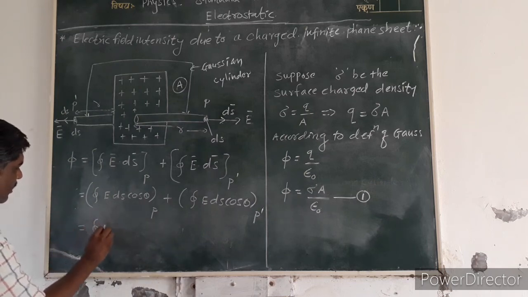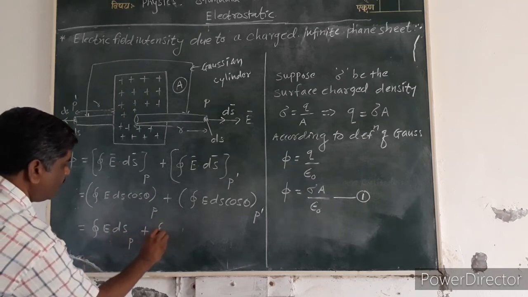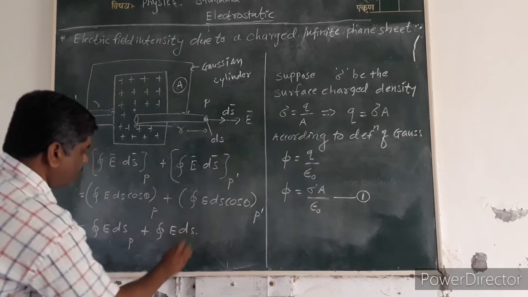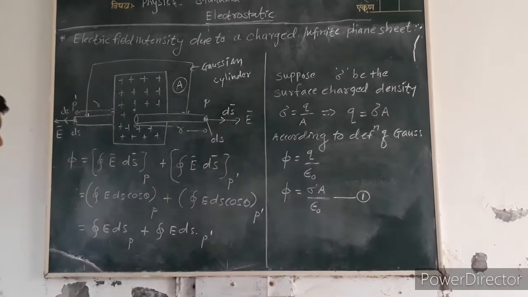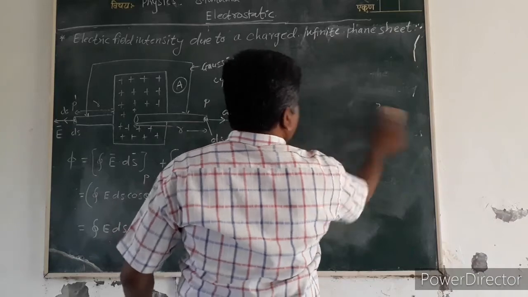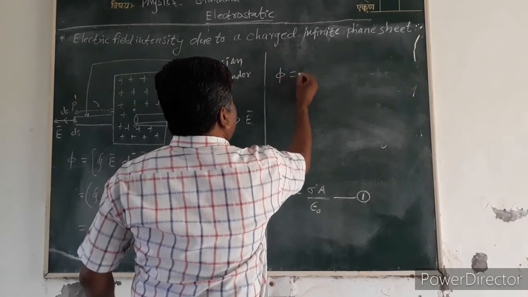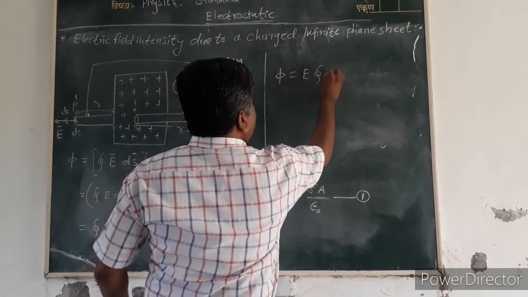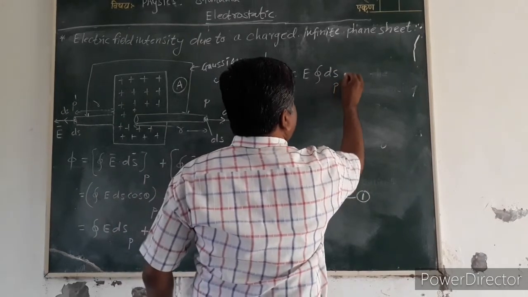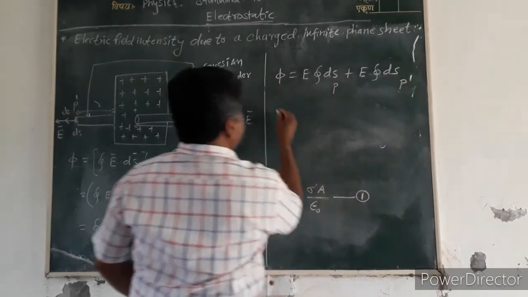Therefore, line integral E ds due to point P plus line integral E ds due to point P dash. But electric field intensity E is constant, hence we can write phi is equal to E integration ds due to point P plus E integration ds due to point P dash.